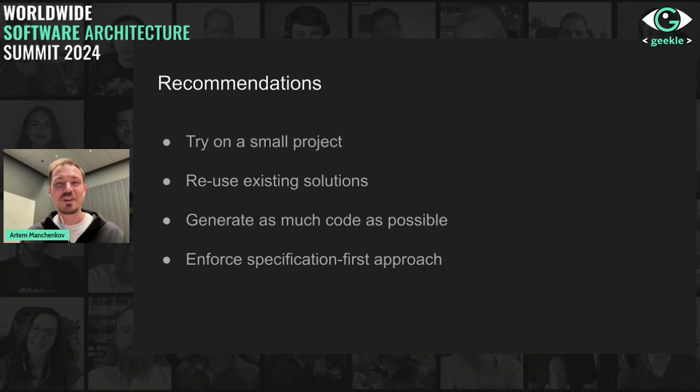Some tools may fit your platform already. Try to automate and generate stuff as much as you can, even simple stuff, but it will help your engineering teams to reduce the complexity. And we know that if something is optional, then it's not needed in reality. So try to enforce these techniques in your projects.